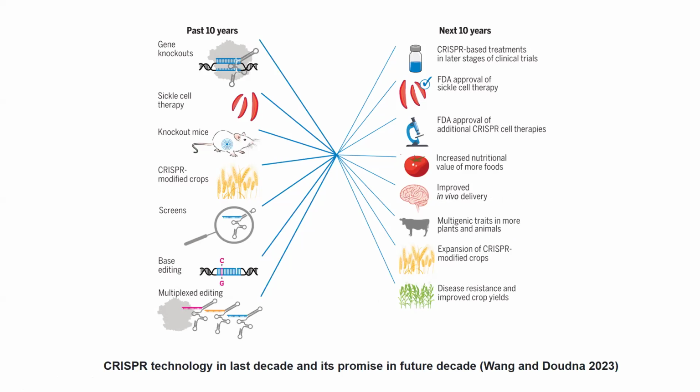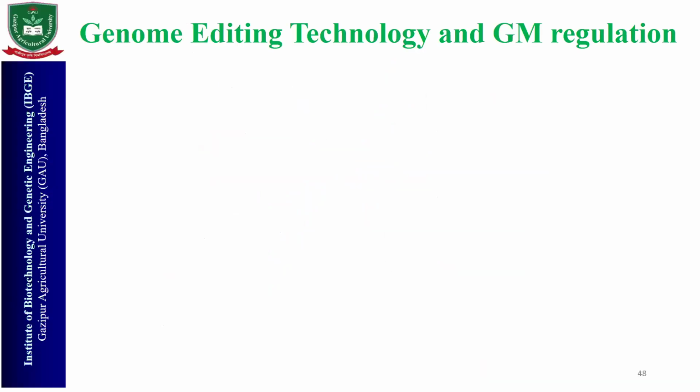In basic research, CRISPR is now a very powerful tool. So if you are asked what the impacts of CRISPR-Cas revolutionary technology were in the last 13 years and what would happen in the next 13 years, you can summarize it this way.